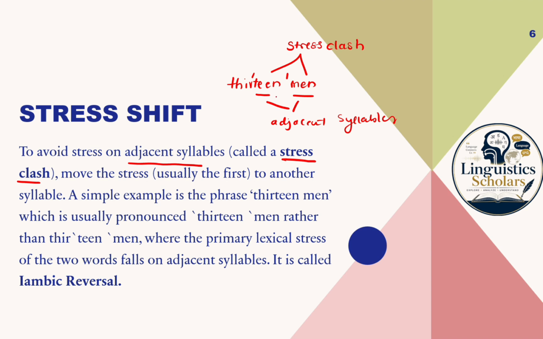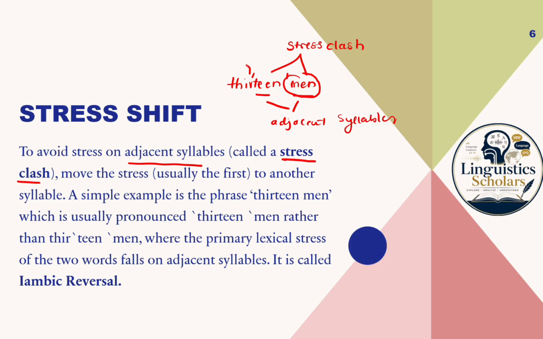So as a result, we move the stress. We cannot move the stress in the word men, because it has only one syllable. But in the word thirteen, we can move the stress to the previous syllable, as the word consists of two syllables.